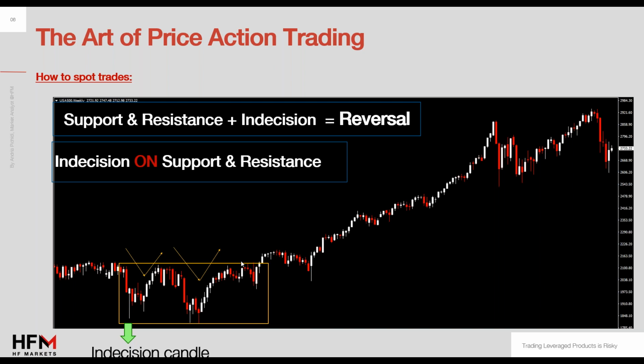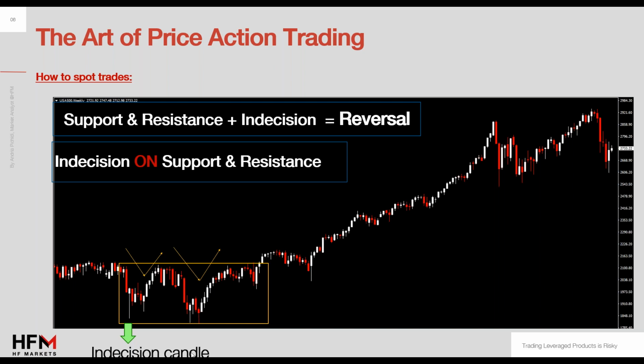Indecision on support and resistance levels is something that should turn your attention to the possibility of trading this ranging market. At every swing low and rebound, you can go long with a target at the resistance area, or at any swing high, you can go short with a target at the floor.